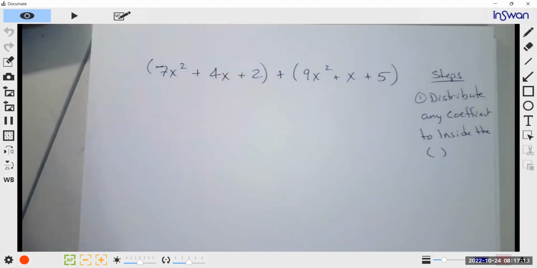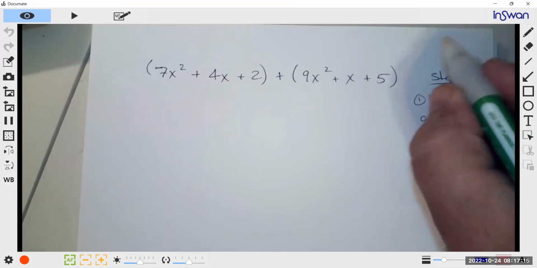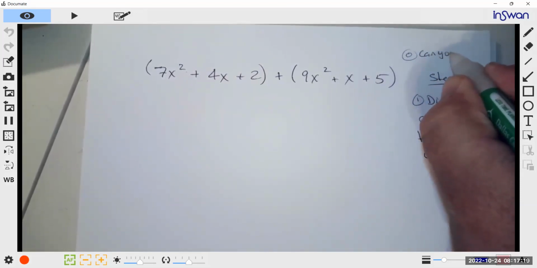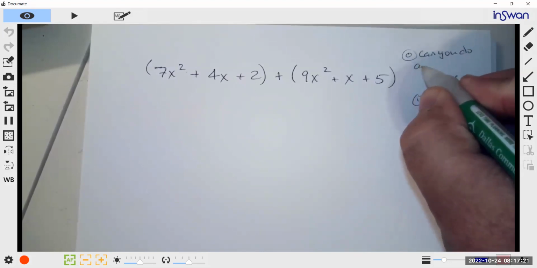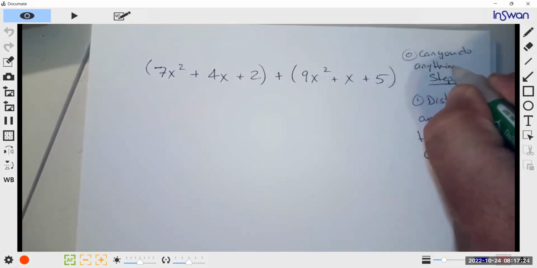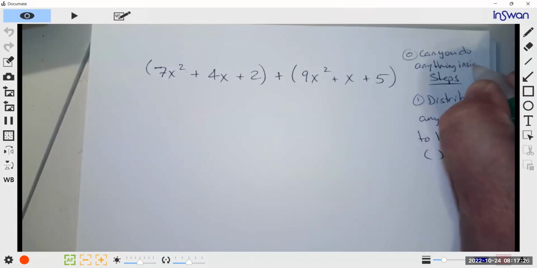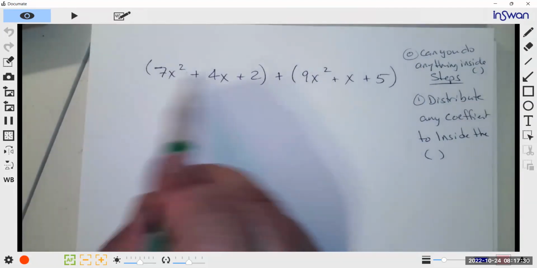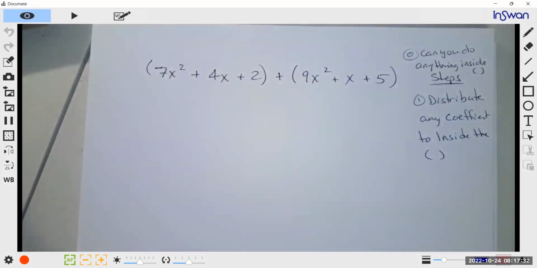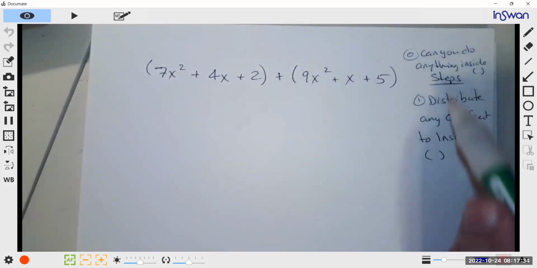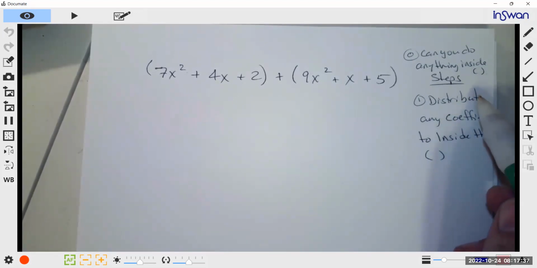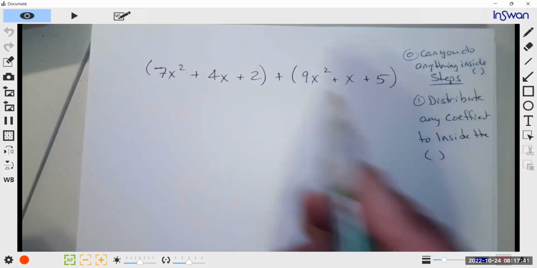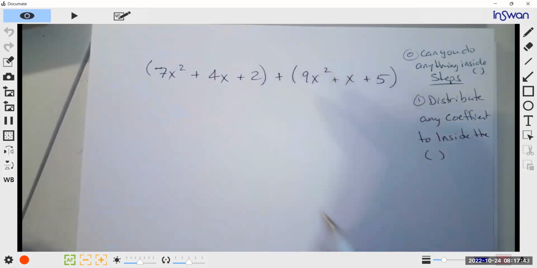In other words, well, actually, before that, first thing we're always supposed to check is step 0. Can you do anything inside the parentheses? In other words, can you combine like terms inside the parentheses? If not, then we have to get rid of the parentheses. Are there any coefficients? Any obvious ones, like if there was a 5 or a 7 or a 2?